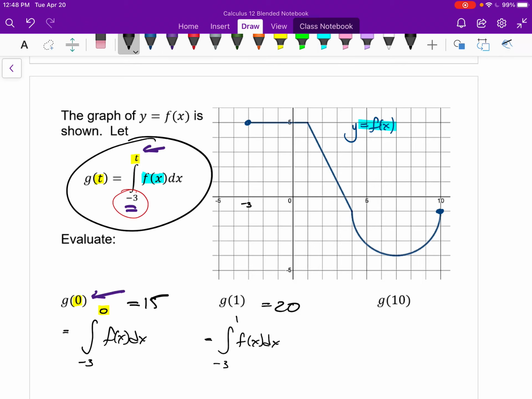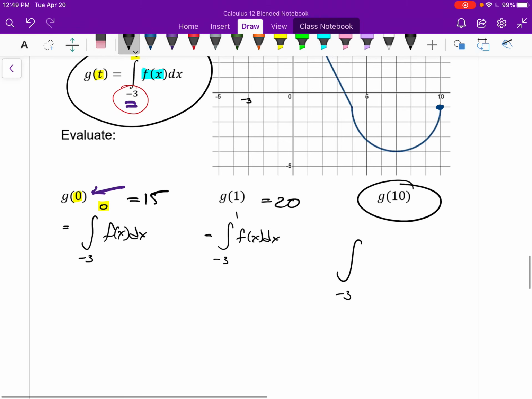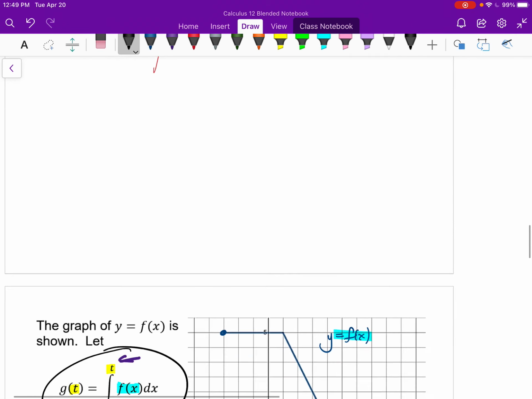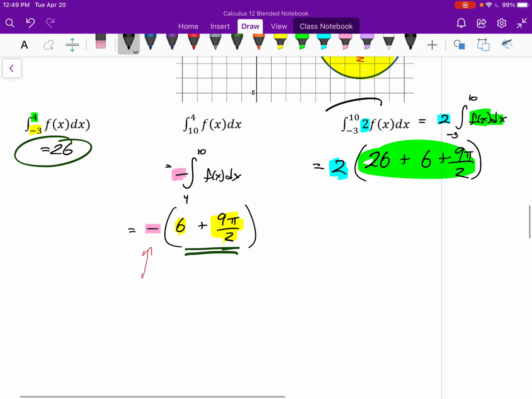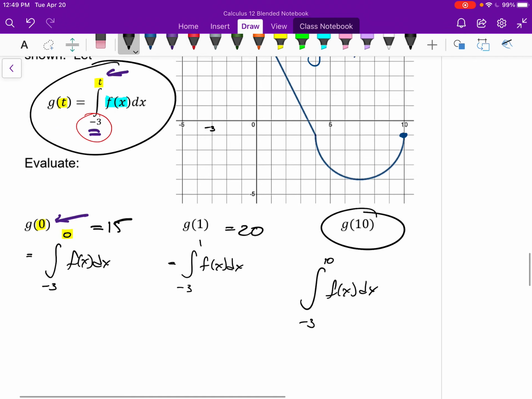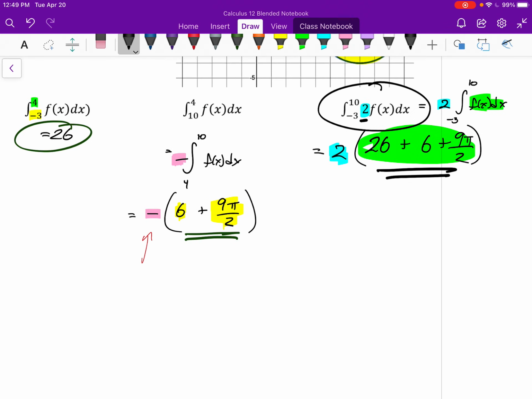And g at 10, that means the integral from -3 to 10 of f of x dx. Well, hey, that's exactly what we were doing right here. And so this must be the answer. So again, all of this here means what I figured out highlighted in green right there. So I guess 32 plus 9 pi over 2.